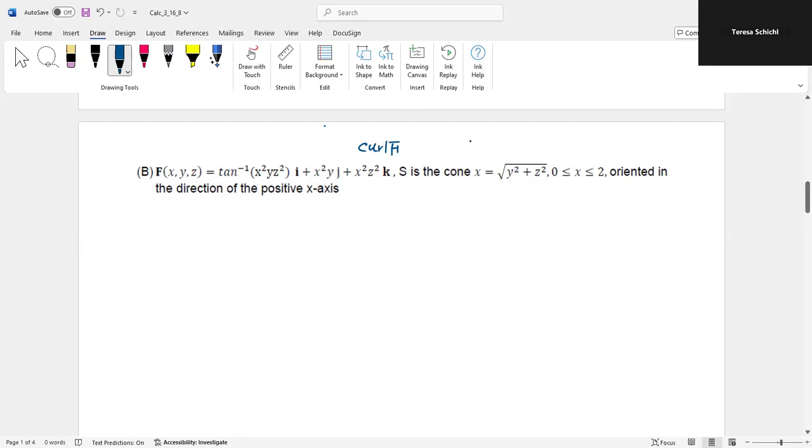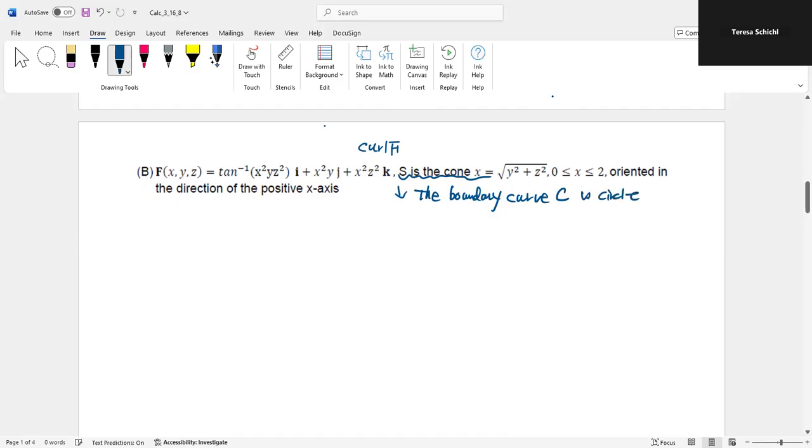Now we know the boundary curve C is a circle.